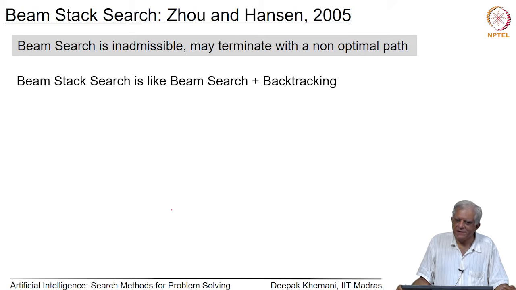When will you backtrack? There are two situations. One is if the search goes beyond the upper bound, then you do not want to continue searching and you would backtrack and look for another path. The other situation would be when you have found a path to the goal node.